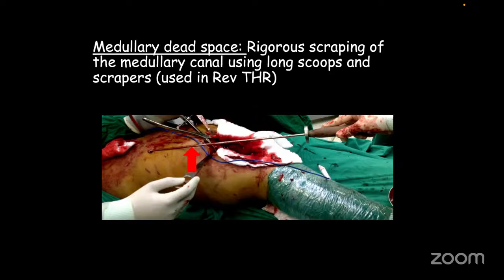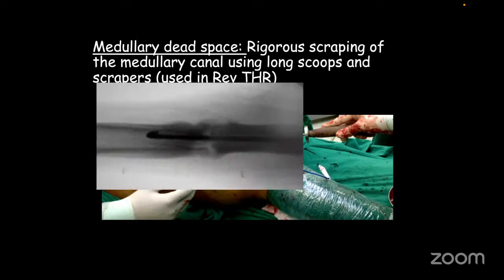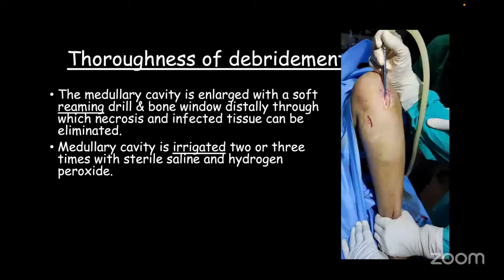So you need long scoops, long curettes, or revision instruments, particularly used in THR, like long grabbers, long biopsy forceps, to take out all this tissue and then perform a rigorous lavage, without opening the non-union site. If you just do that, that is not a good surgery, or that is not an adequate debridement.